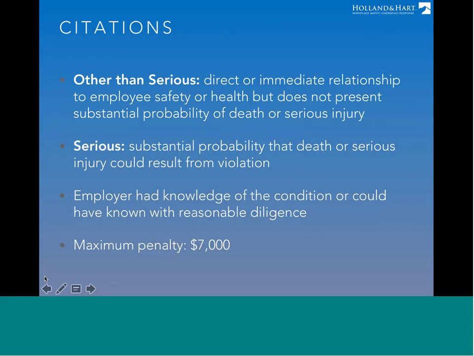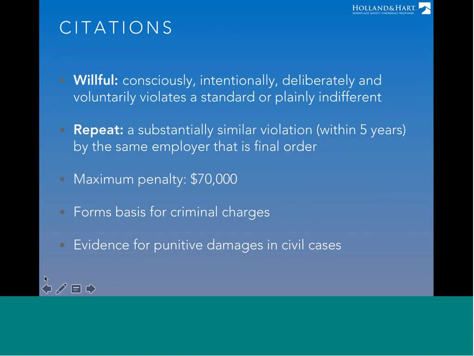And while I said at the outset of the discussion that strict liability applies to workplace safety and health violations and occupational safety and health citations, really what OSHA's looking at is what was the employer's knowledge of the condition, and what could they have done with reasonable diligence? Obviously, the longer the employer has known of the condition, the more significant negligence that could be attributed to that, and the more serious classification that could be applied to that.